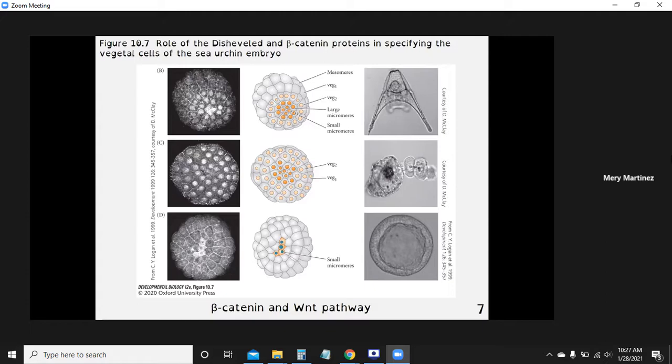Disheveled is also found at the ventral cortex of the egg and normally prevents the degradation of beta-catenin. So that's the one that is surrounded, okay? And it's impeding that beta-catenin will be degraded.